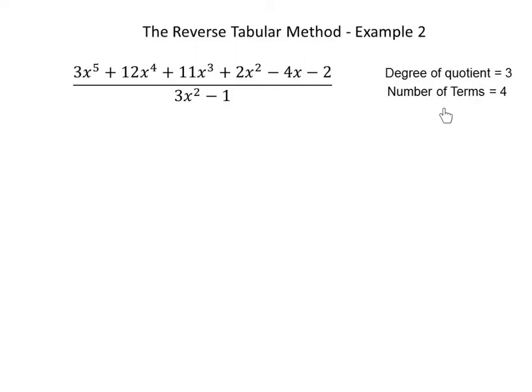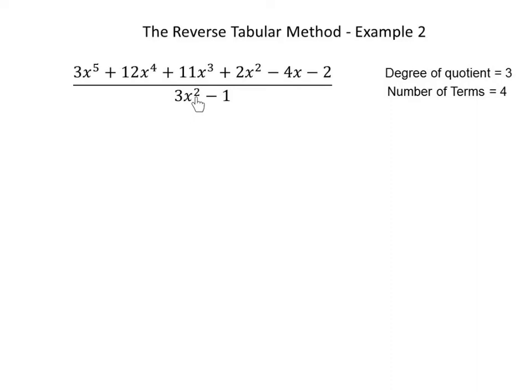And now we know that the number of terms is always one more than the degree. So the number of terms of the incoming quotient is actually 4. So we know the table that we're going to set up has 4 columns. We also know that the number of rows will be how many terms we expect in the divisor.